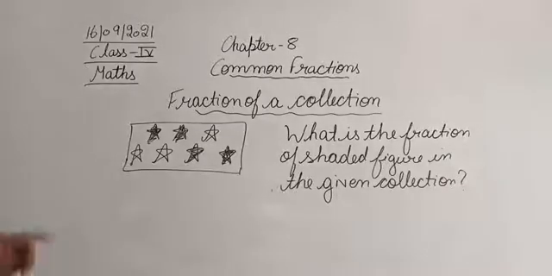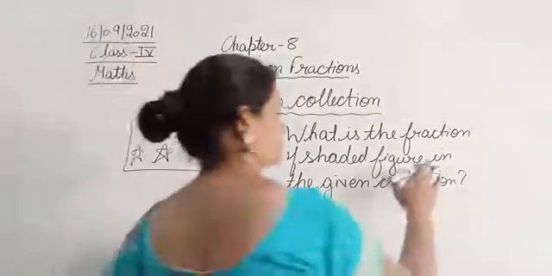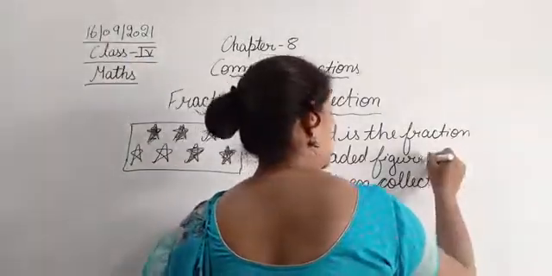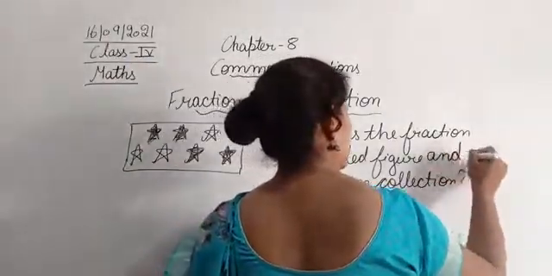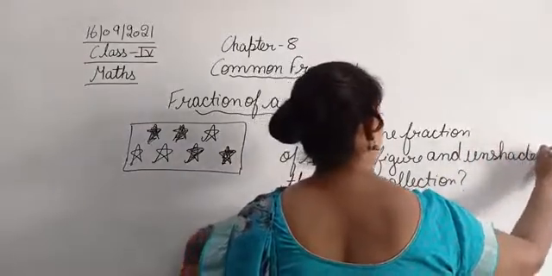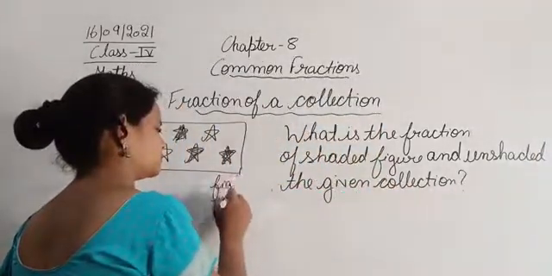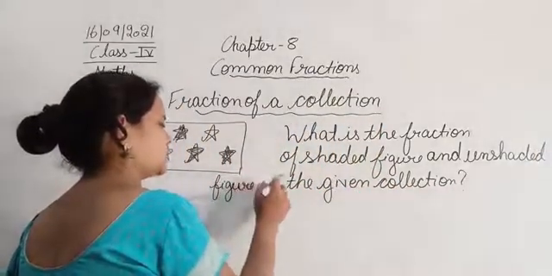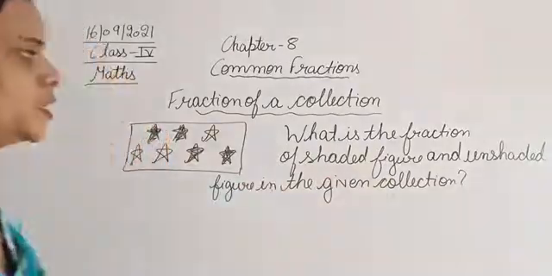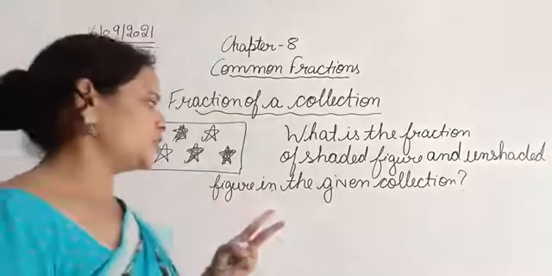Again the question is what is the fraction of the shaded figure and of an unshaded figure in the given collection. What is the fraction of shaded figure and unshaded figure in the given collection.